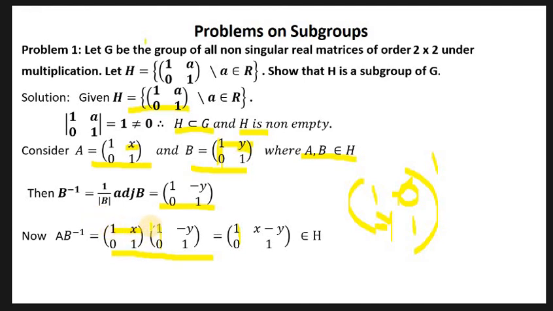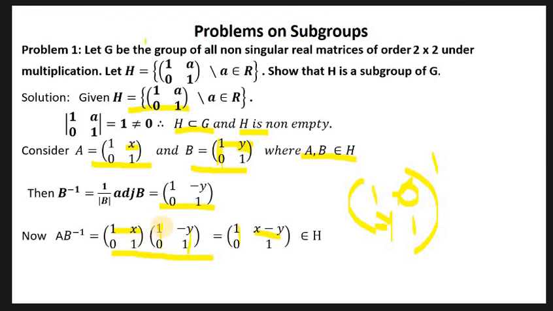So the first row into first column is 1. Then first row into second column means 1 into minus y, it is minus y, plus x into 1, x. We get x minus y.